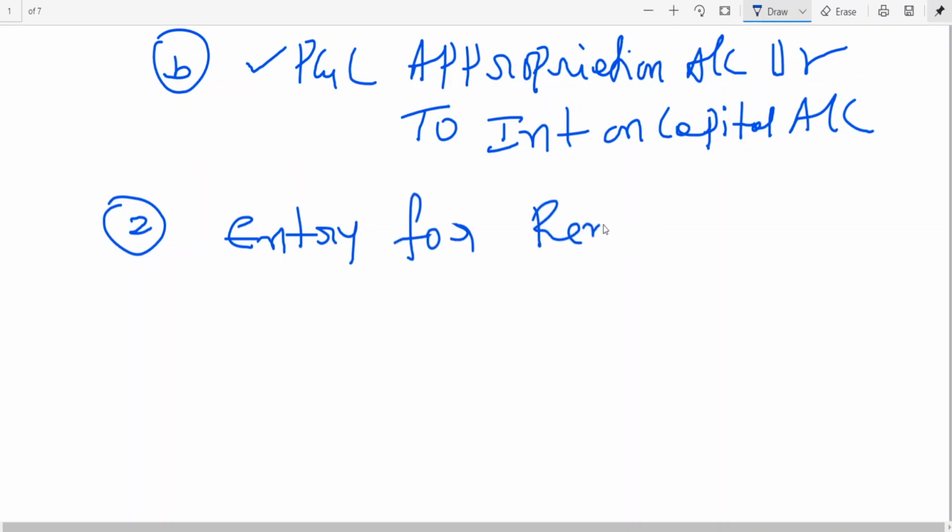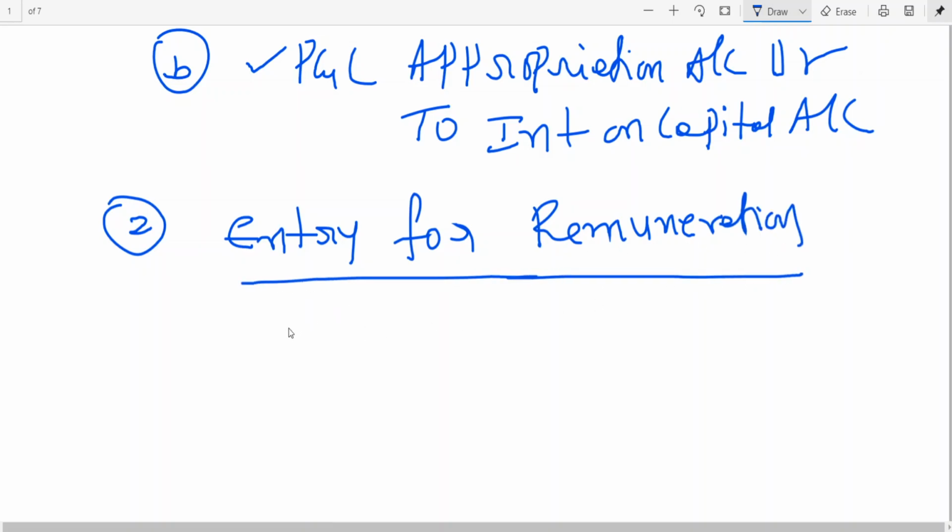Next I am giving the entry for remuneration. Remuneration, as I told you already, means salary and commission.